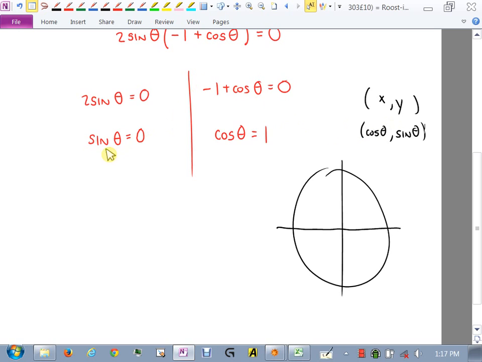So if I'm asking when is sine of an angle equal to 0, I'm asking when is the y-coordinate on the unit circle 0. So where does that happen? At what places on the unit circle is my y-coordinate 0? The angle 0, and the angle pi, right? Those are the two angles that correspond to where the y-coordinate is equal to 0, right?